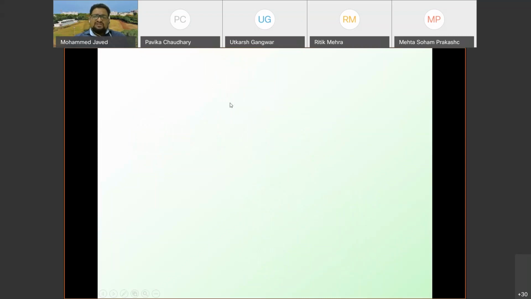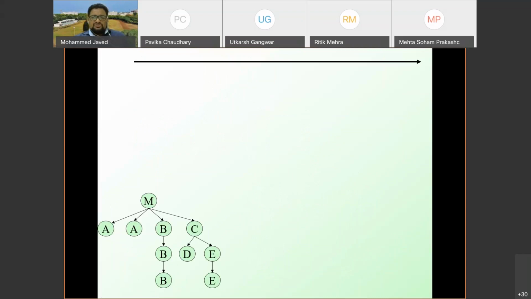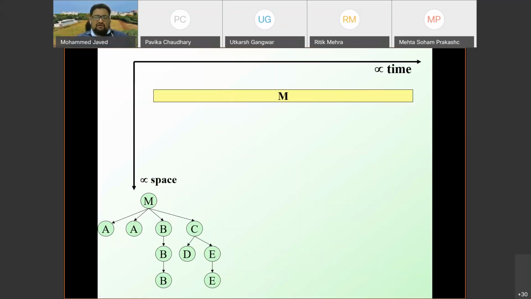Now let us do some analysis with respect to this. We have time on the x-axis, and space on the y-axis. We have the parent, yum.